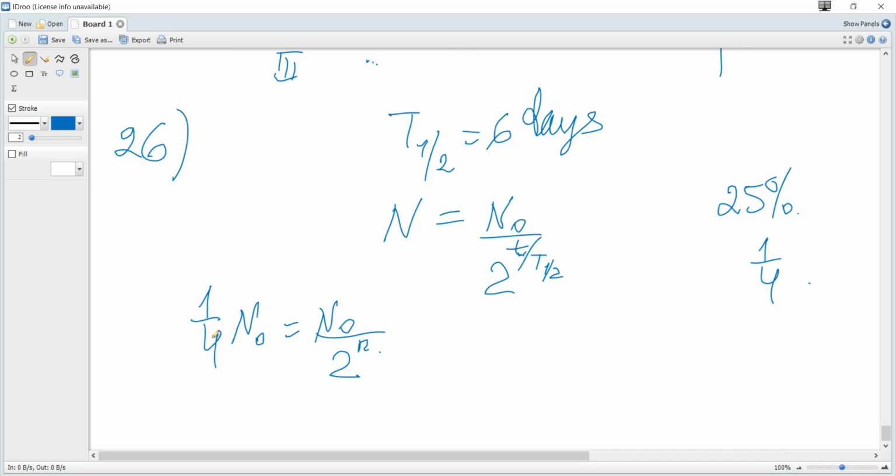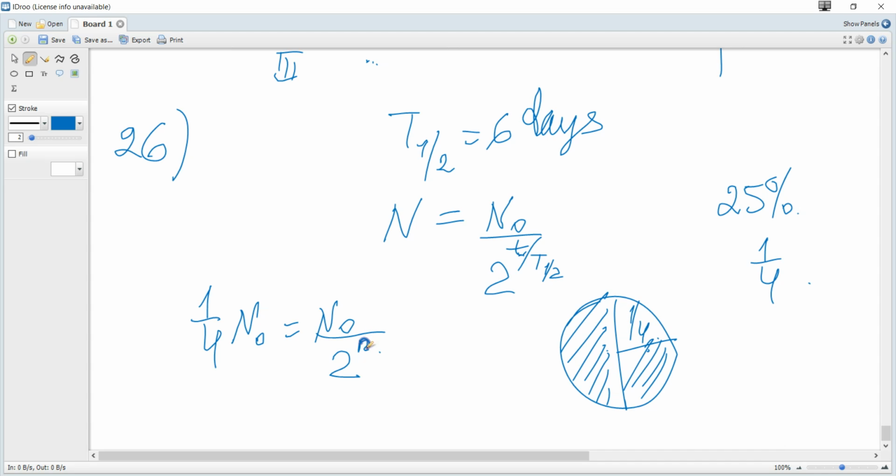To get 1/4 there must be 2 half-lives: after 1 half-life half remains and half decays, and after 2 you can see that 1/4 is undecayed and 3/4 decayed.